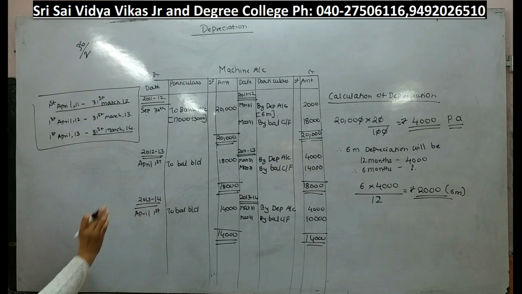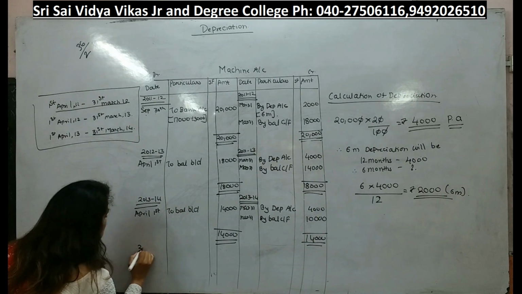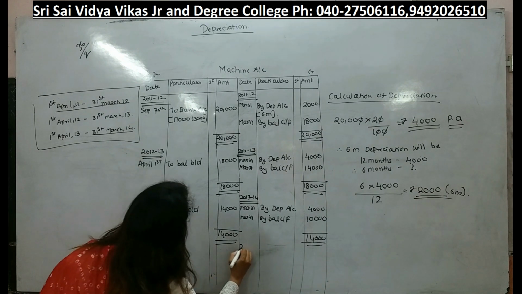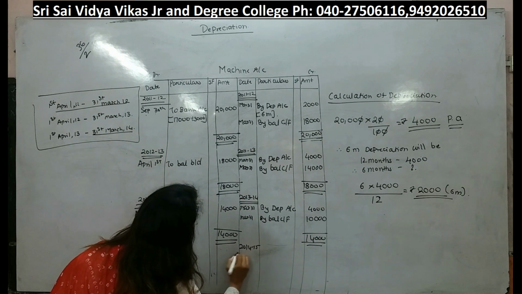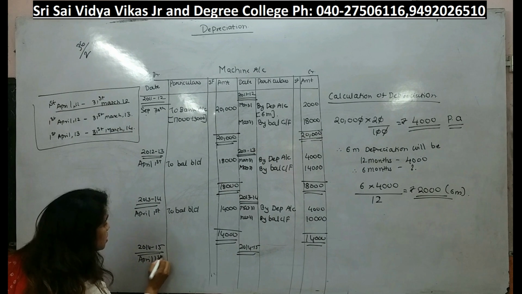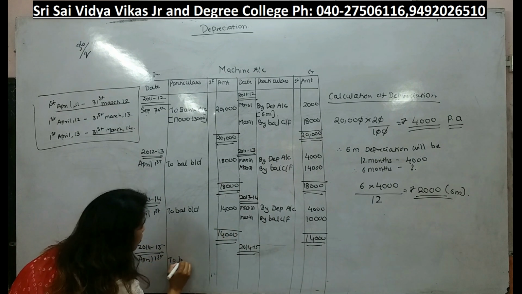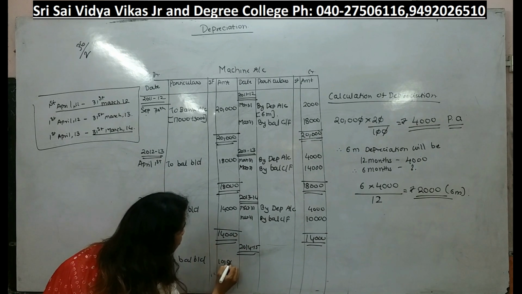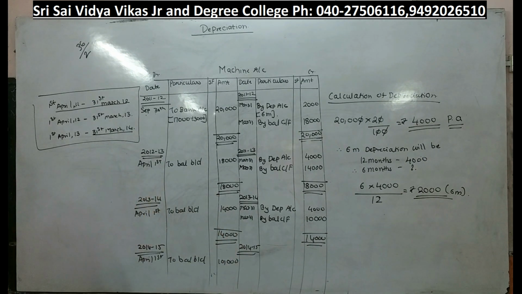Now we will just do the starting of the year 14 and 15. Then we are done with this sum. 2014 and 15. Again here April 1st, last year's closing balance will become this year's opening balance, 10,000. Okay, this was our problem number 2.